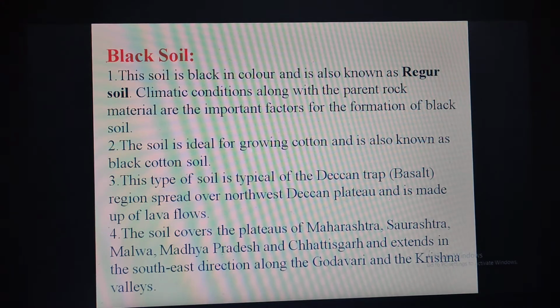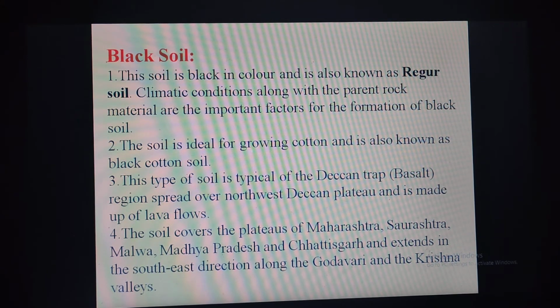Let us move on. The second one we are going to learn about is black soil. This soil is black in color and is also known as regur soil. Climatic conditions along with the parent rock material are the important factors for the formation of black soil.